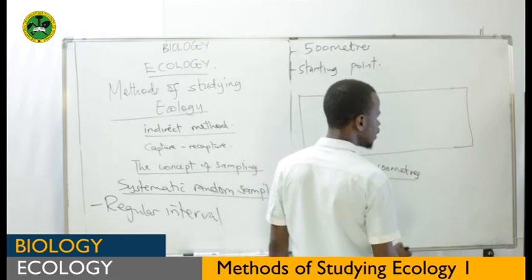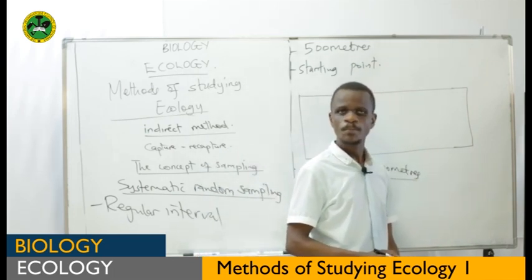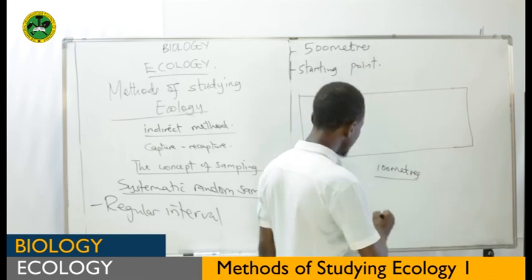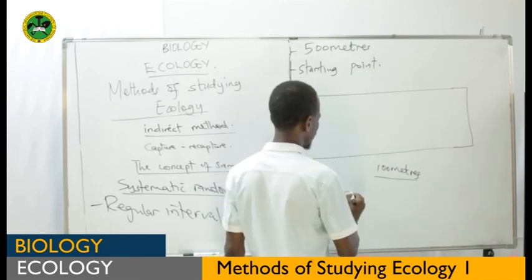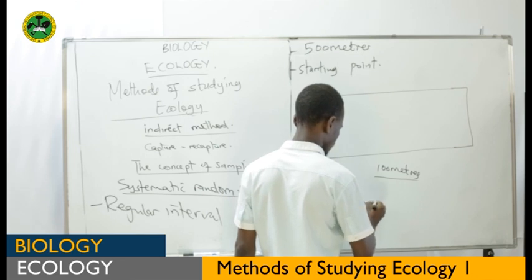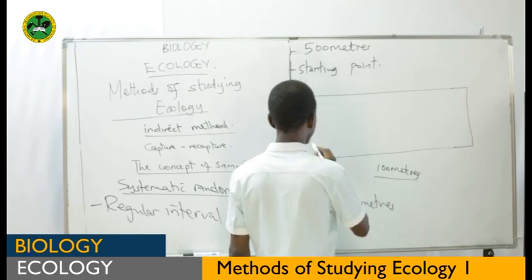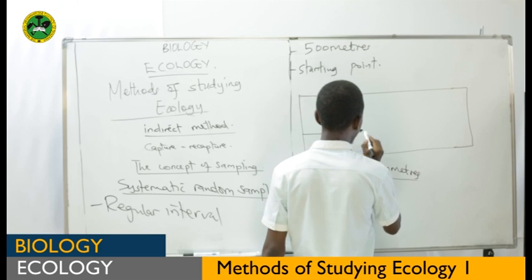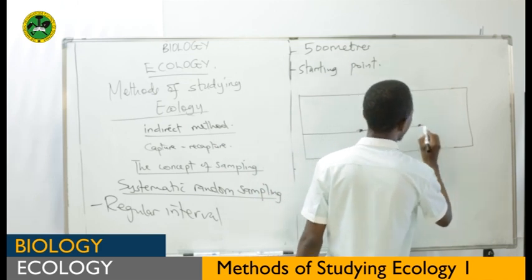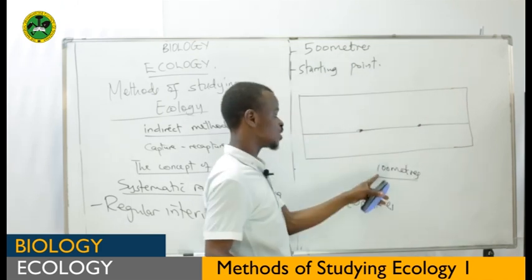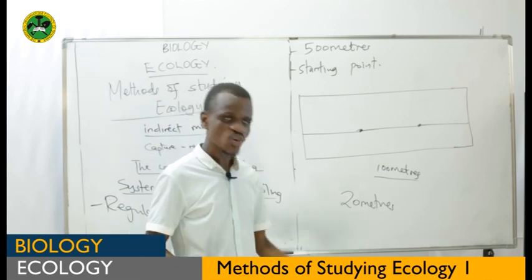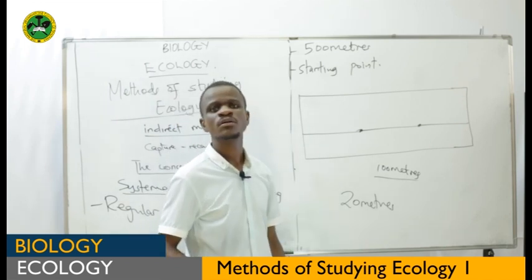Then here you will have an interval. Let's say you will be taking your sample after 20 meters. Therefore, after 20 meters, you take your sample. After 20 meters, you take your sample, until your 100 meters are over.